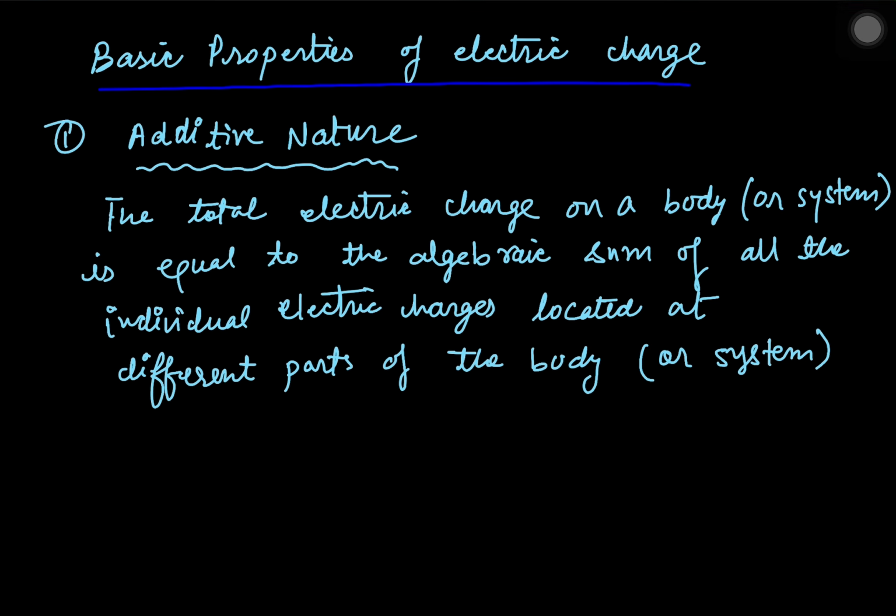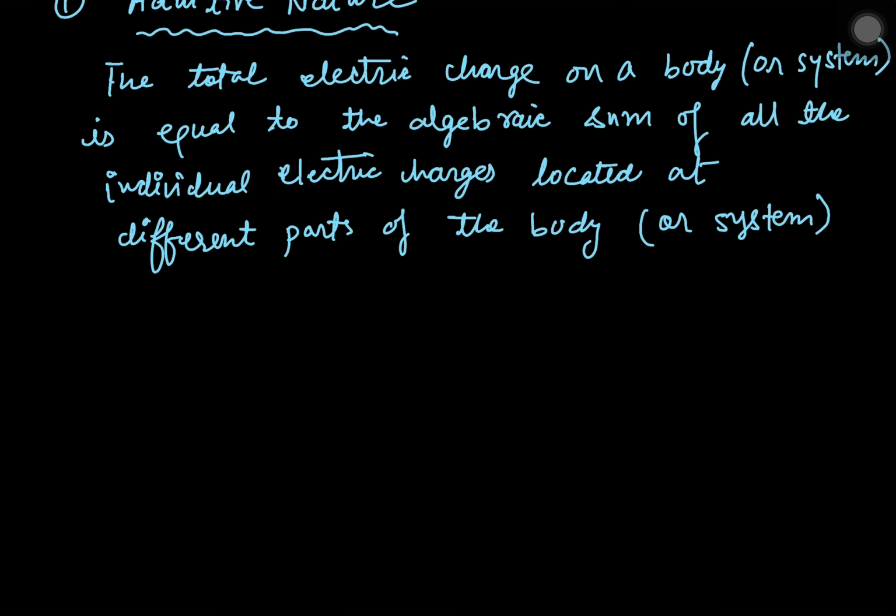If I consider a body or a system, then the total electric charge present on the body or the system is equal to the algebraic sum of all the individual electric charges located at different points of the body. Let us consider this as a body.